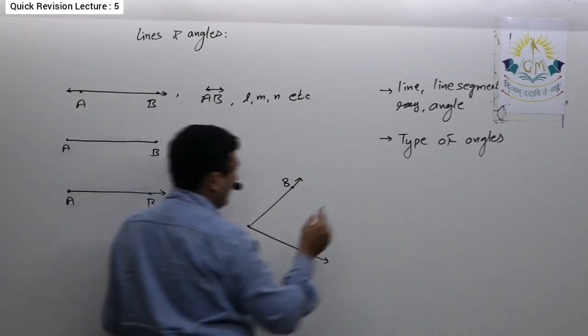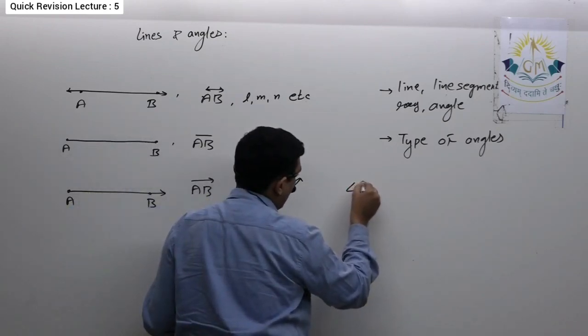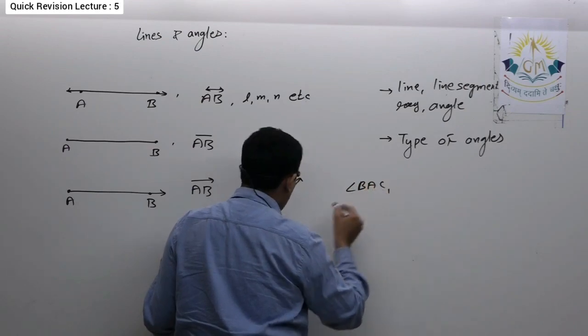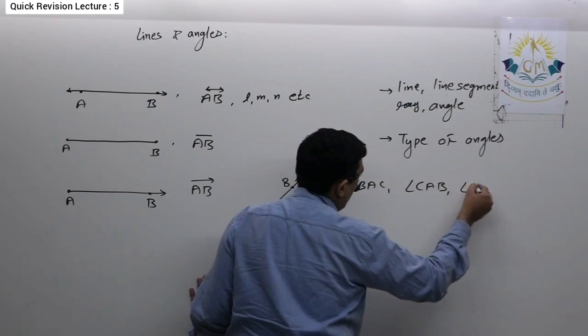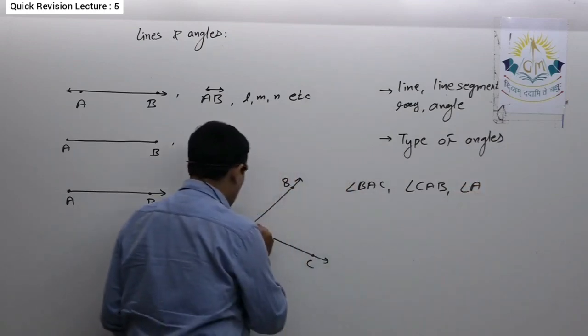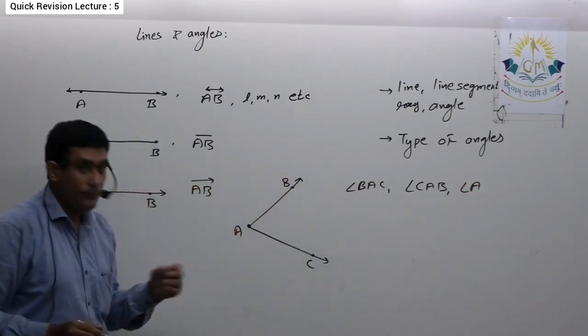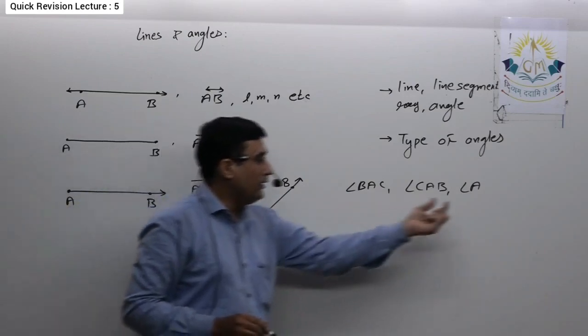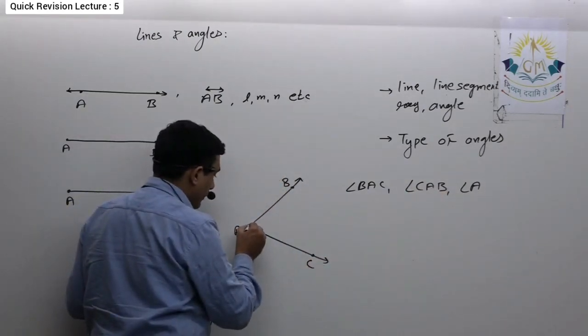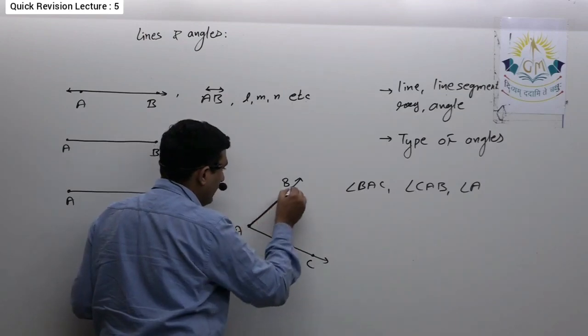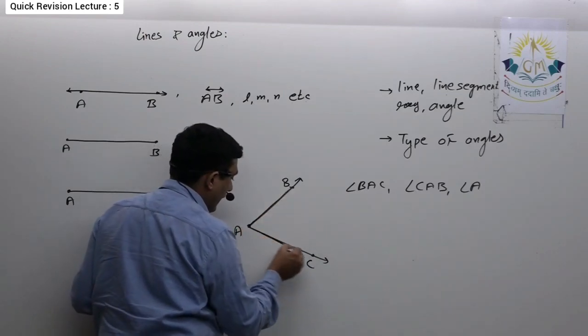Here this angle is written as angle BAC, or I can write angle CAB, or also I can write angle A. Until and unless there is no confusion, we can represent an angle by its vertex. This is the vertex of the angle, and these two are the arms of the angle.